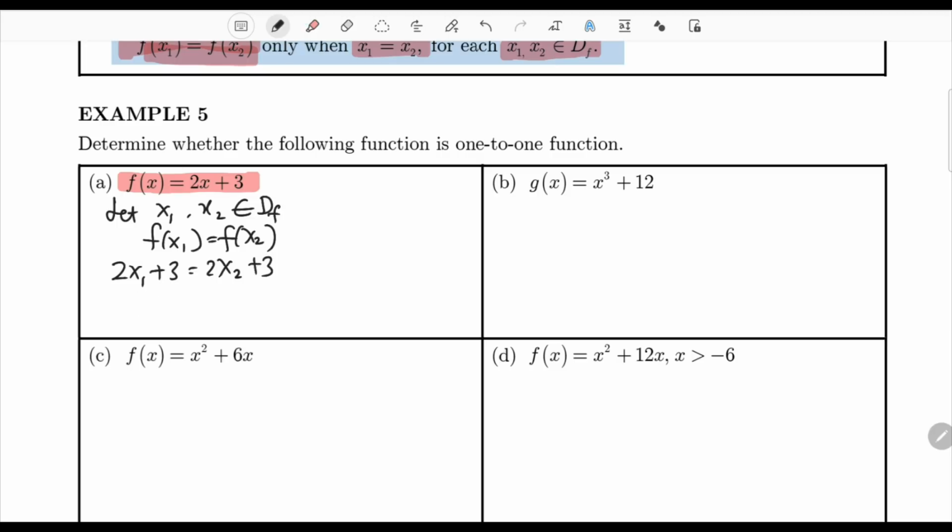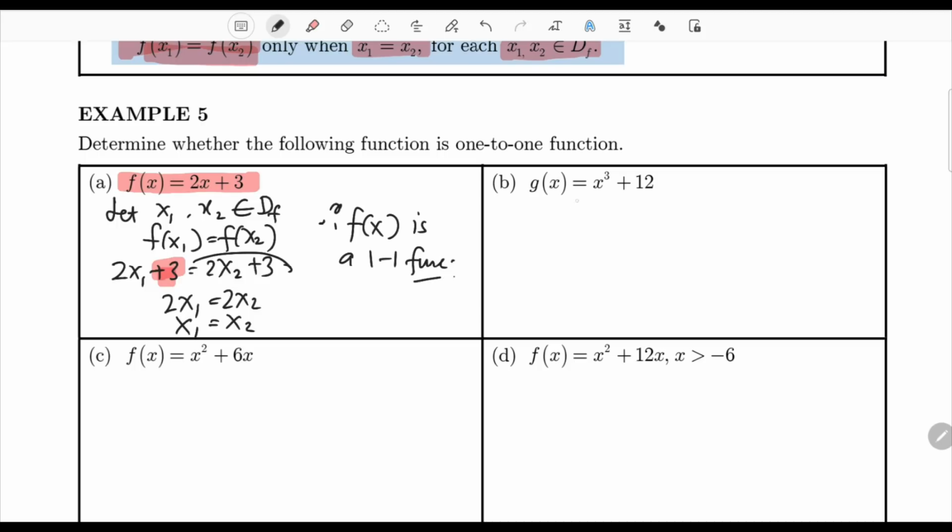This 3, bring it to the right side. So we have 2x1 equals 2x2. Divide by 2, so x1 equals x2. Hence, f(x) is a one-to-one function.